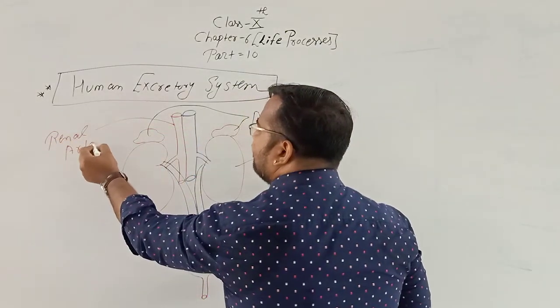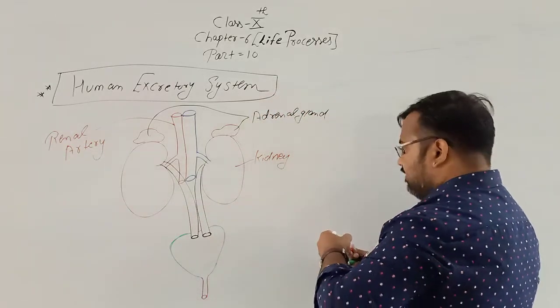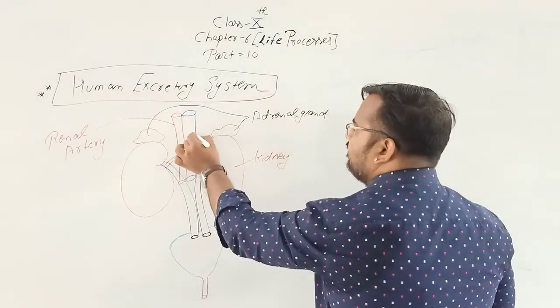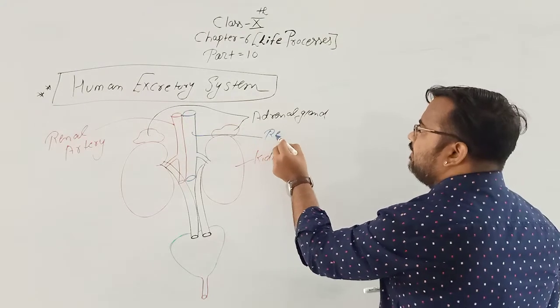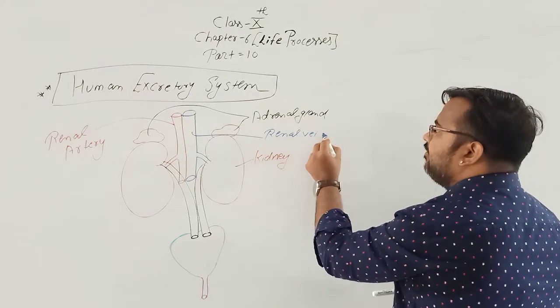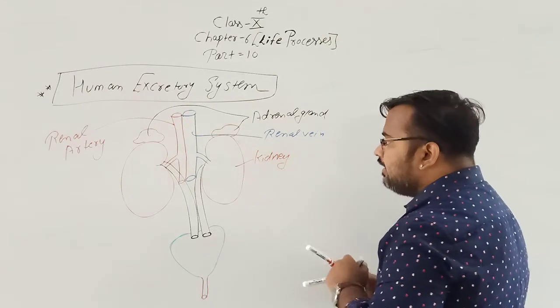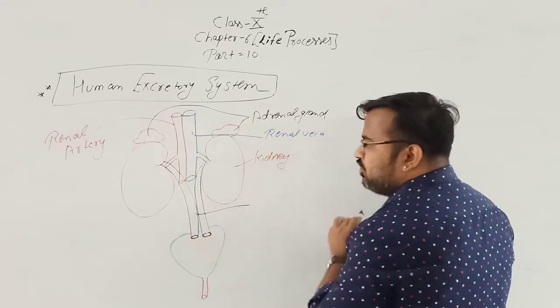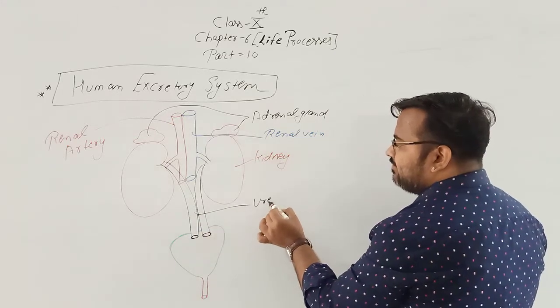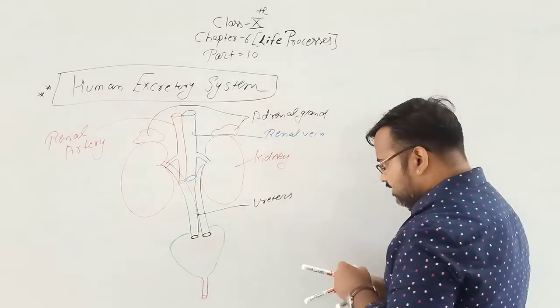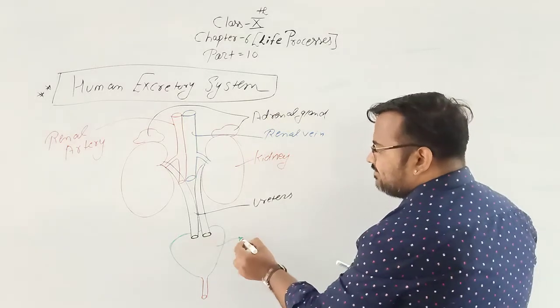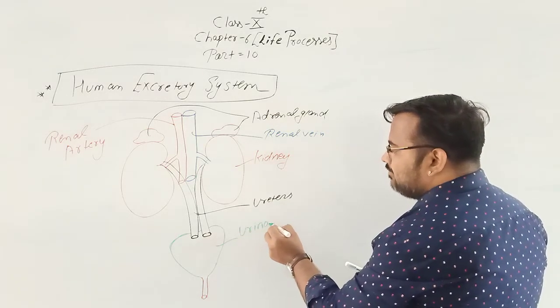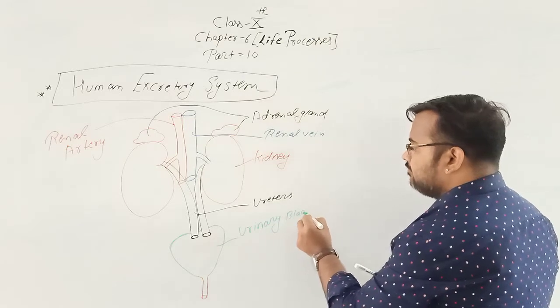Renal artery. And this second tube is called renal vein. Now these two black tube-like structures are known as ureters. This bag-like structure is known as urinary bladder.